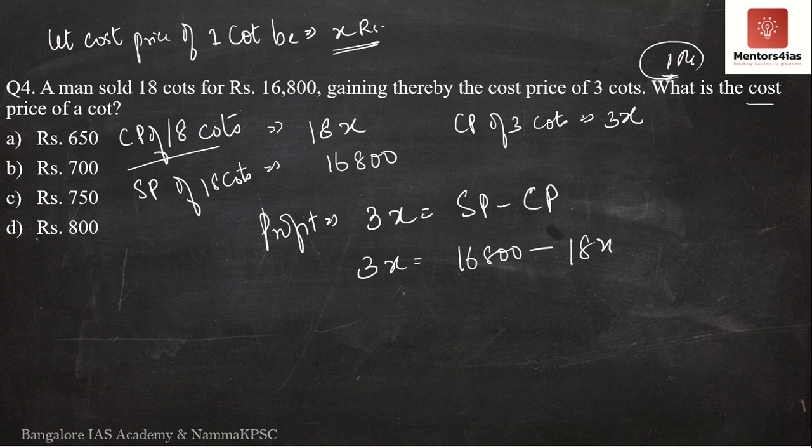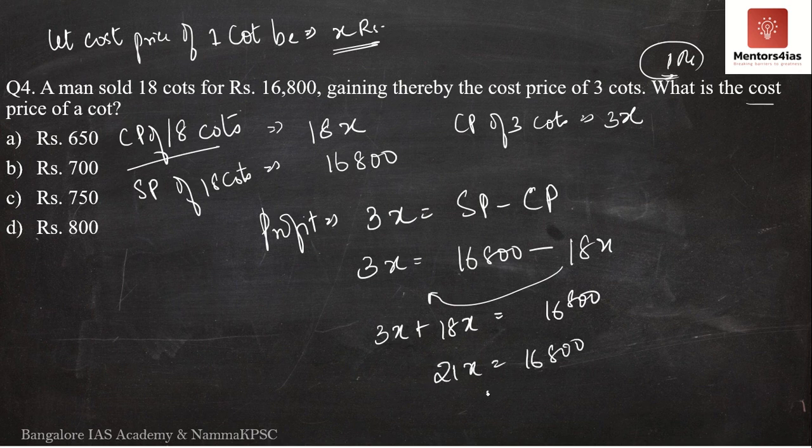So don't you think we have an unknown variable and a linear equation? It should be very simple for us to determine the value of x. I will take 18x to the left hand side. So I get 3x plus 18x is equal to 16,800. 18 plus 3 is 21, so 21x is equal to 16,800.